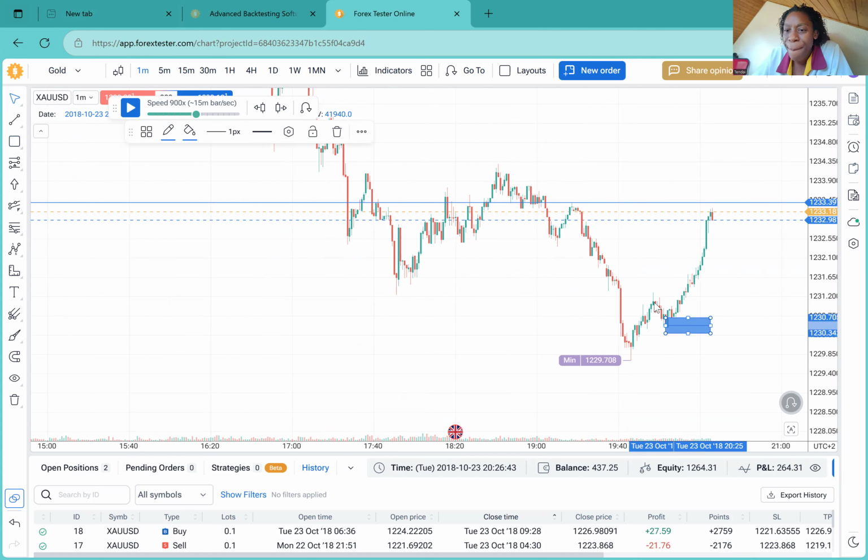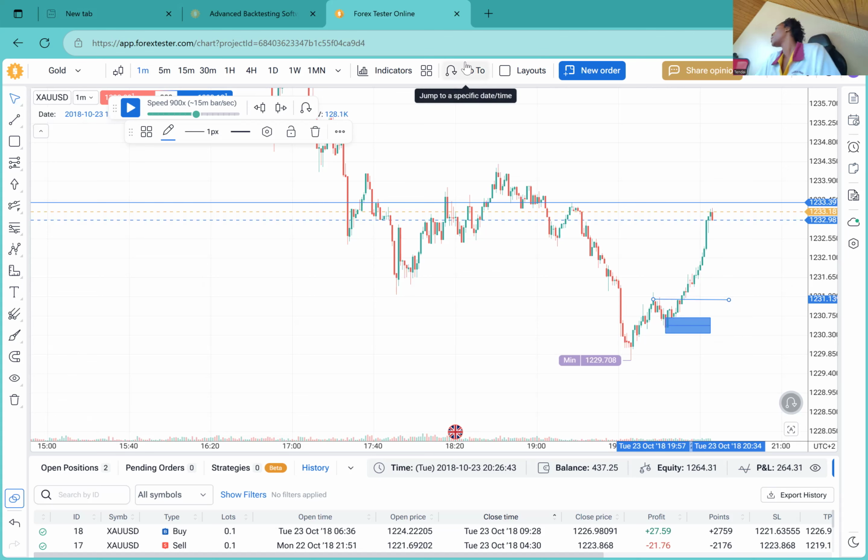We have a higher high here. We have a higher high, then we have our higher low. Price broke our higher high, right? And this is where we would buy and target this high. So it's clear that in the 1 minute, I think you get more opportunities.